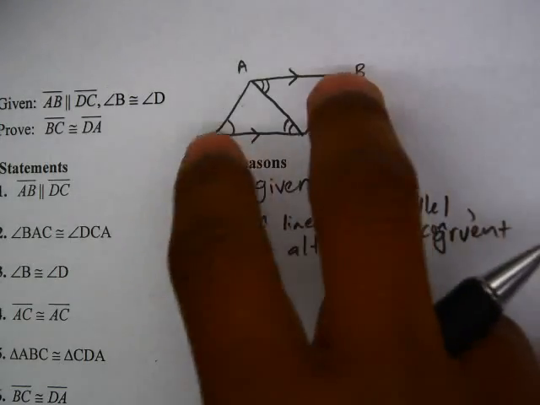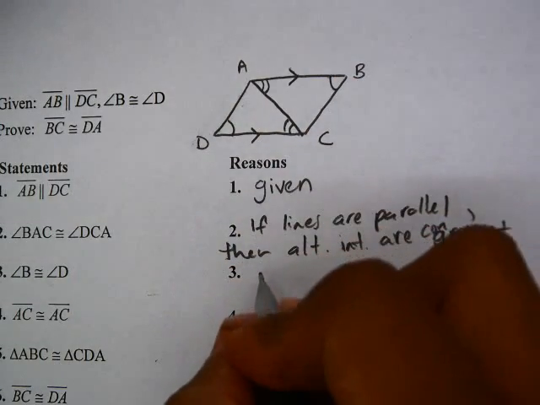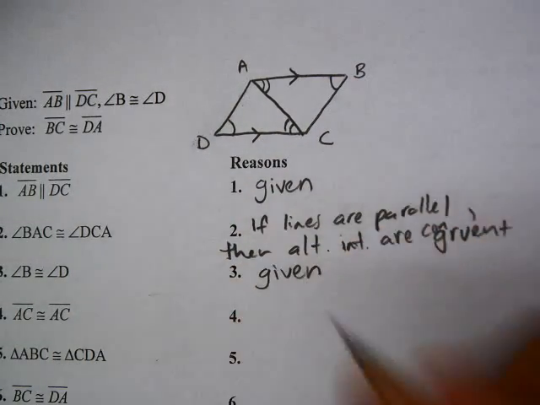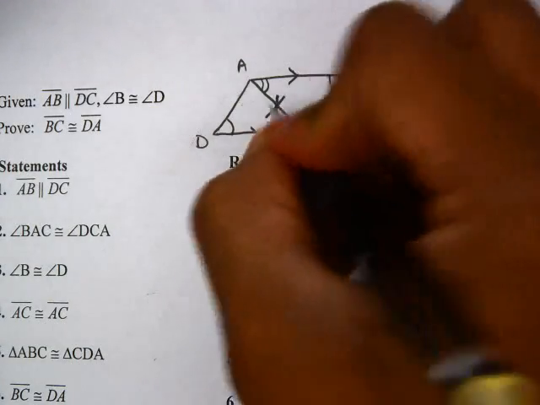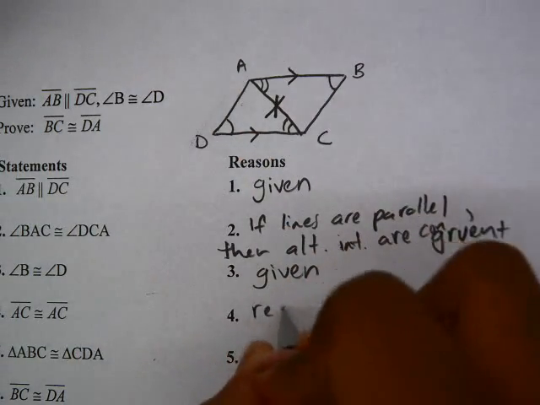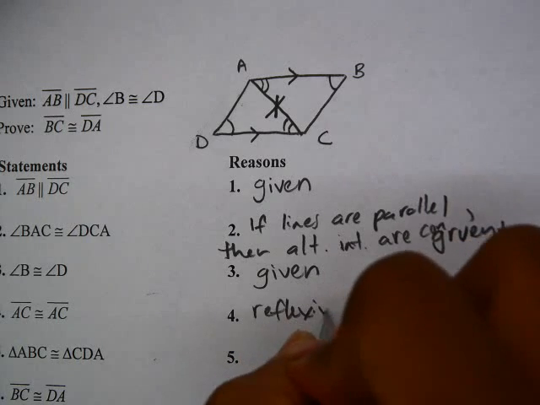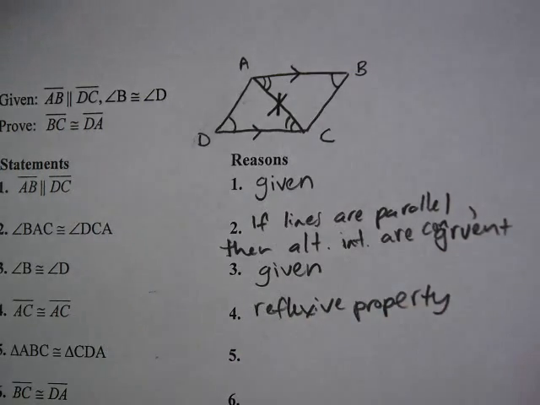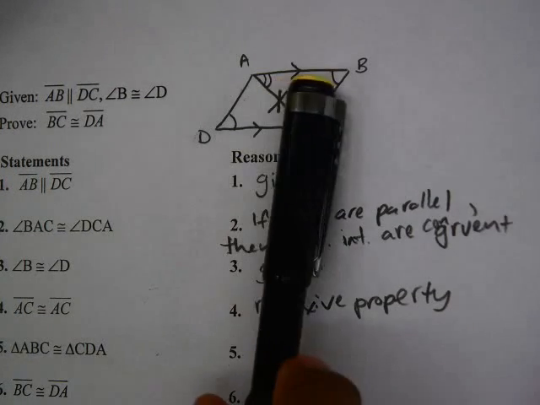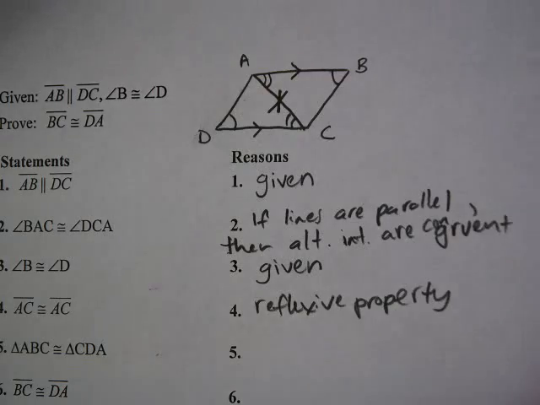The next thing to do is they state that angle B is equal to angle D, and that's given to us. Then they state that AC is congruent to AC, and that's reflexive property. And afterwards they state that the two triangles are congruent. Triangle ABC is congruent to triangle ADC, or CDA.